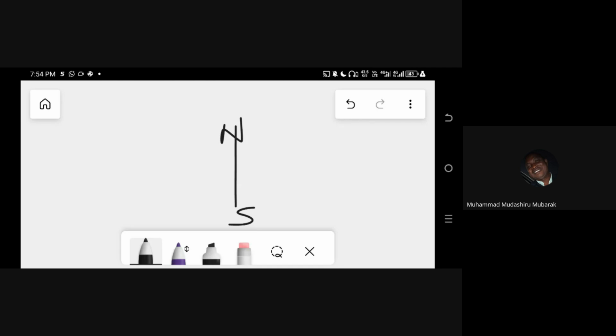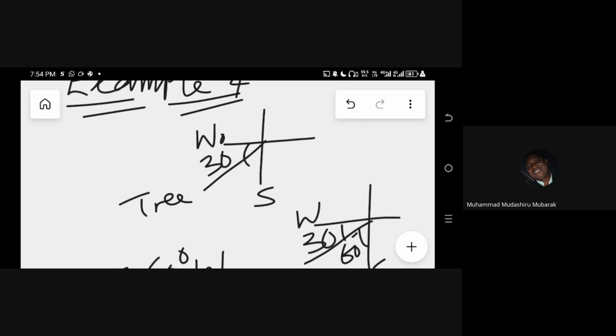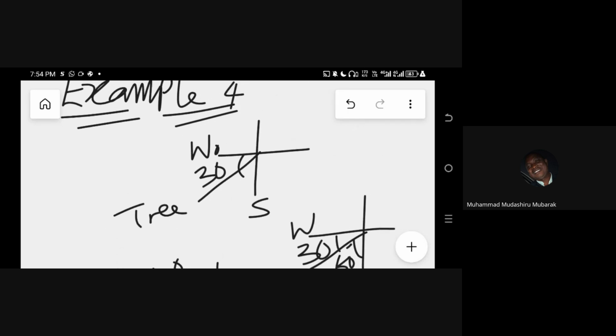So if the angle is not touching this straight line, that south, the vertical line there at the bottom, if it's not touching that south, then don't pick that angle. You have to subtract so that you have the balance that will touch it. That's why in this question, that 30 degrees did not touch that vertical line that is south.